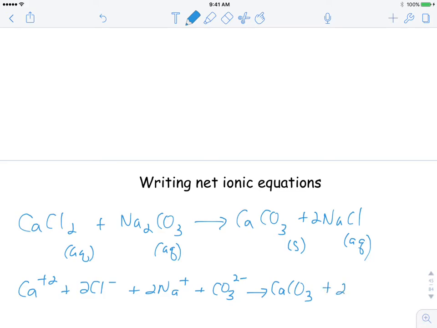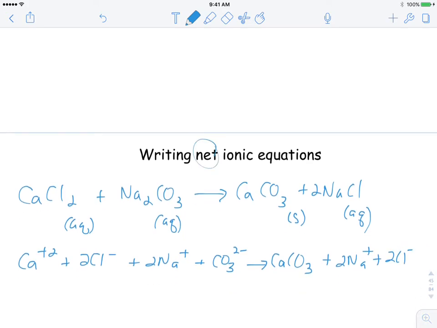And to that, I would add my ions. This is an ionic equation, but it's not a net ionic equation. I need to cross out things that are spectators. So the chlorides would cross out, and the sodiums would cross out, and you would be left with calcium +2 plus carbonate -2, yielding calcium carbonate, solid.